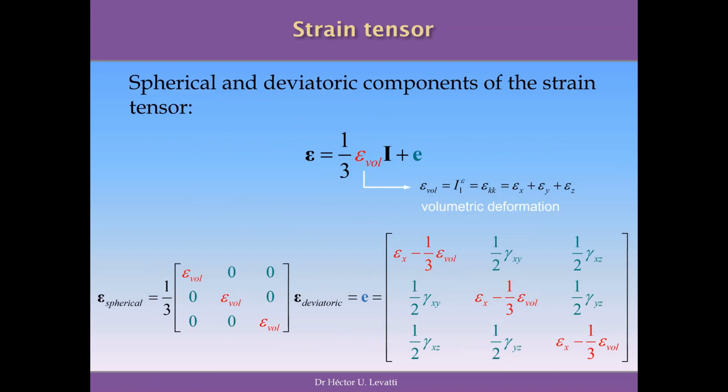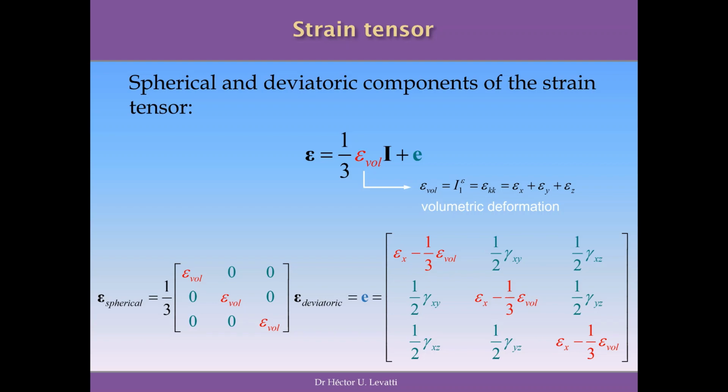As I said, you can decompose the strain tensor in spherical and deviatoric parts, as we did with the stress tensor. So just to have an idea and to start relating, because remember, afterwards we are going to have the relationship between the stresses and the strains, and it's good to have the same things on both sides of our equations. So we have a spherical stress and a spherical strain.